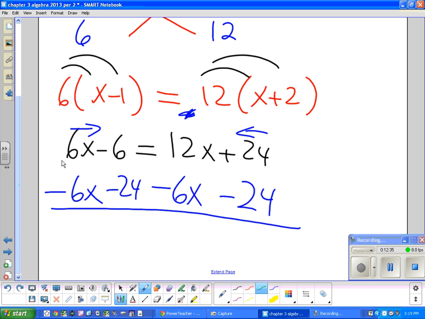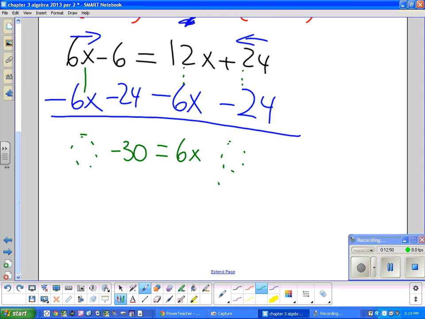Now when we do this, these two become 0. These two here become negative 30. This here becomes 6x. And these two here become 0. And then we have a nice one-step equation to solve here. Divide both sides by 6, and we get x equal to negative 5.